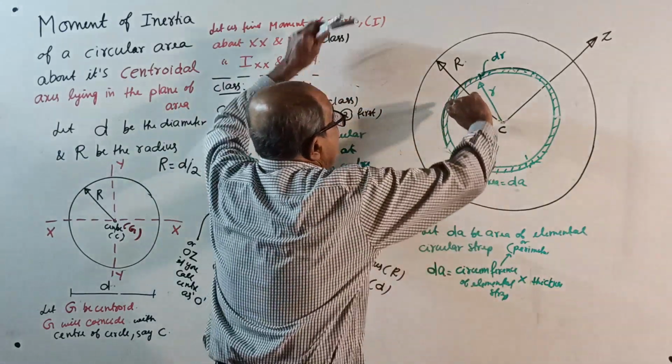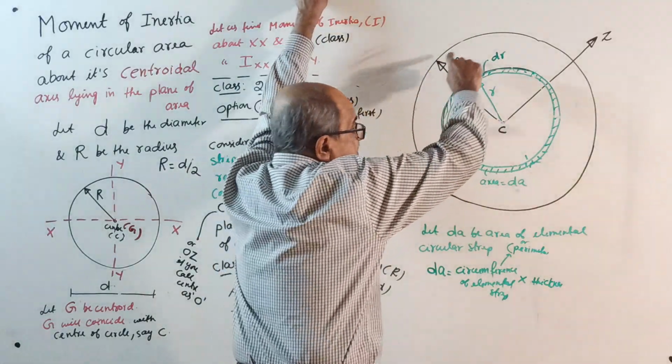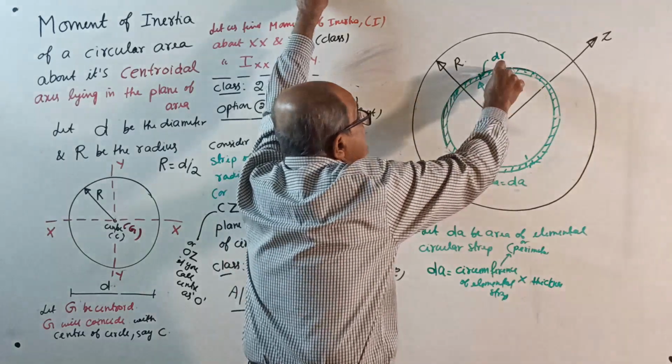Why? Because it is the circumference of this elemental strip into dr.